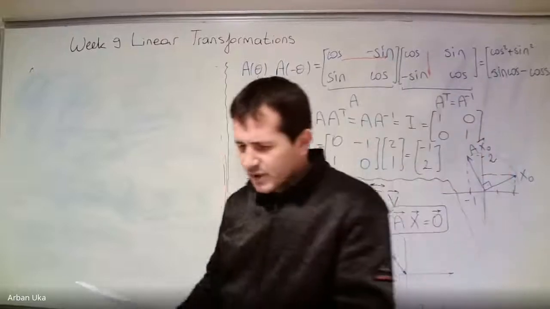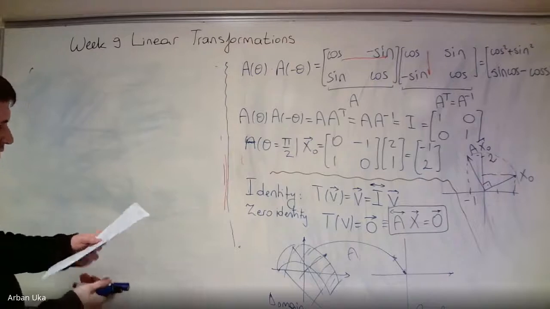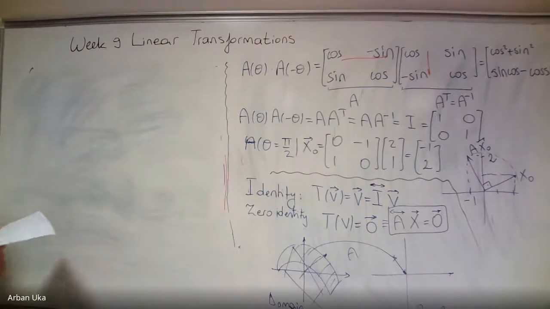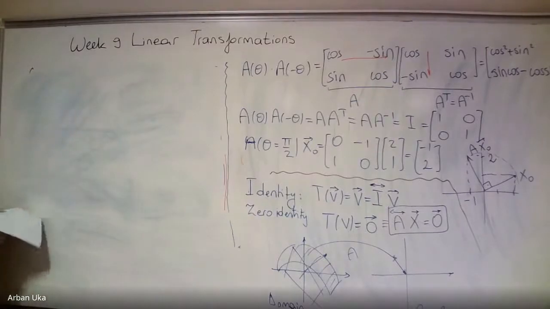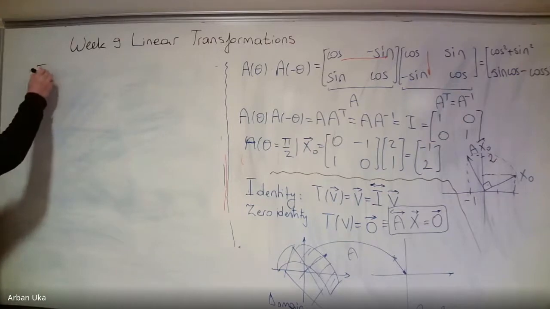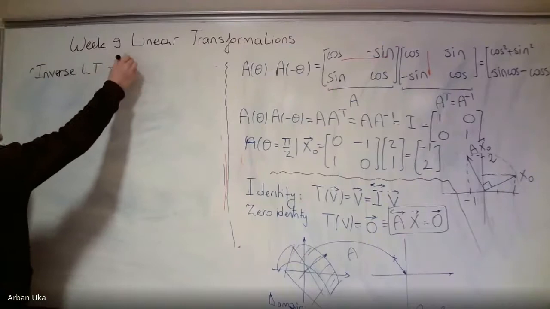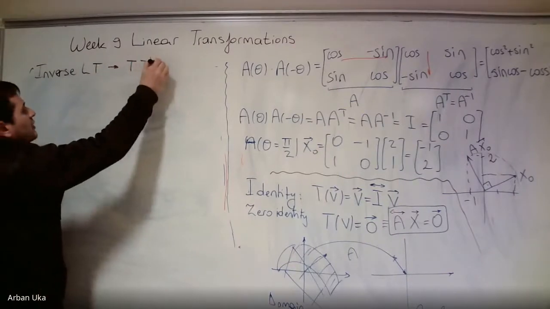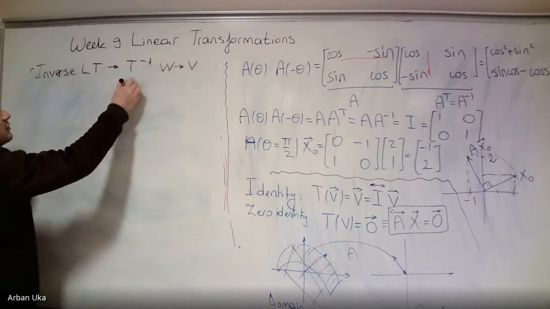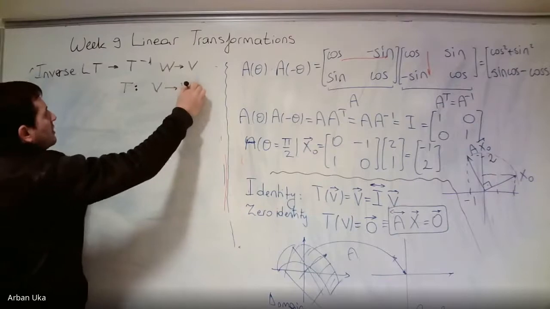About the linear transformations, the rotation, combination of linear transformations, and then another type of transformation is the inverse LT, which we should all accept this, right? So the inverse LT is any linear transformation which transforms from the W space to the V space, and the T would be the opposite.